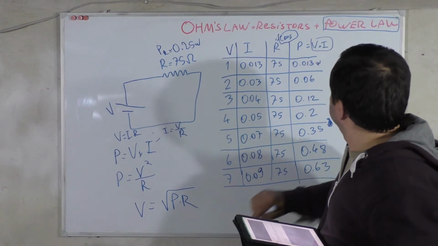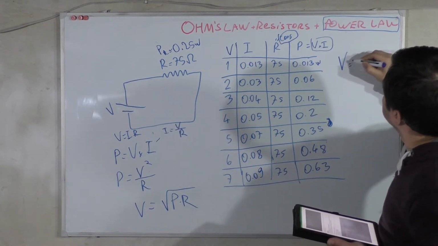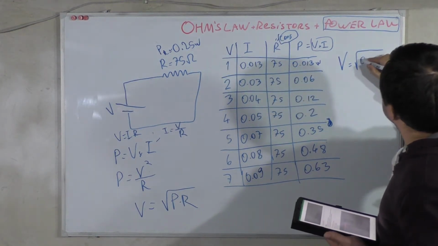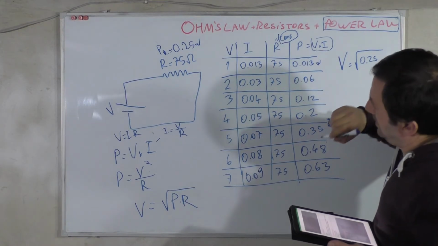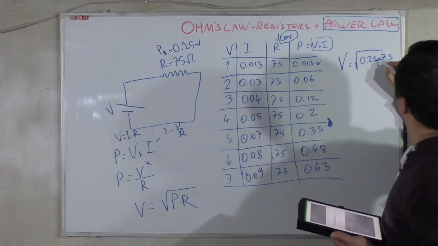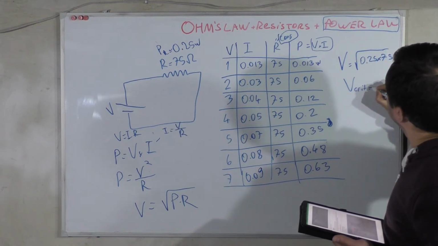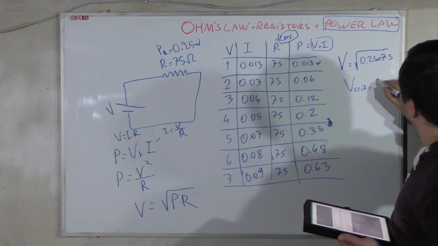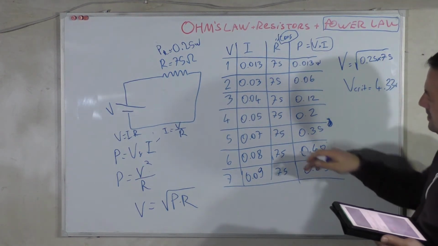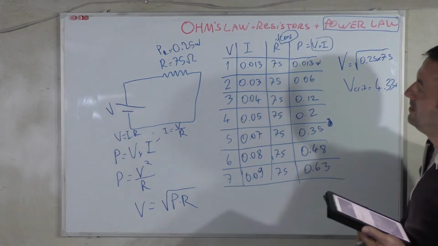We know our resistance, and we know the power rating, and our resistance is always constant. So our critical voltage is 4.33 volts. As I said, it's so simple, between 4 and 5.